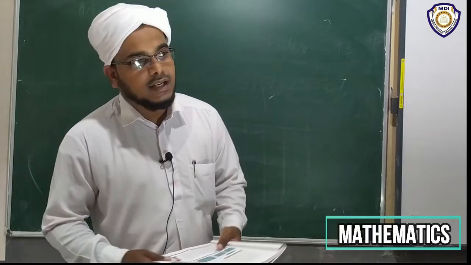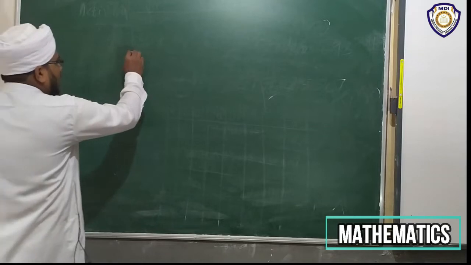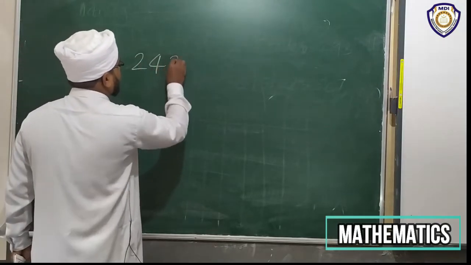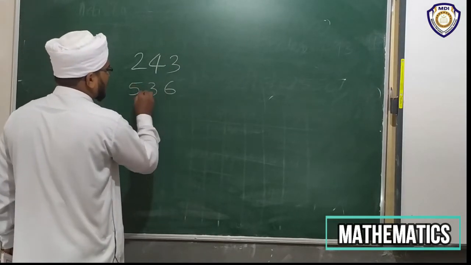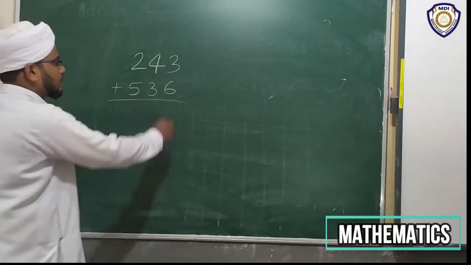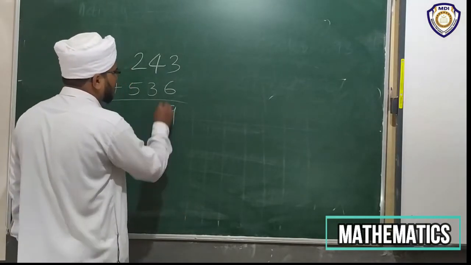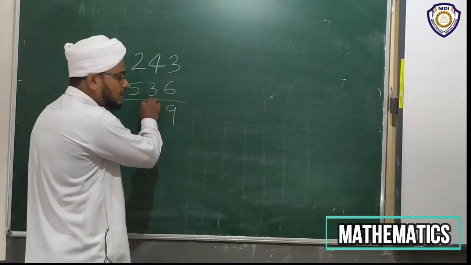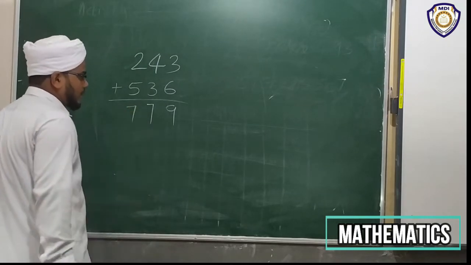How many numbers are there to add? Yes, let us look here. How can we add? 3 plus 6, 9. 4 plus 3, yes, 7. 2 plus 5, 7.